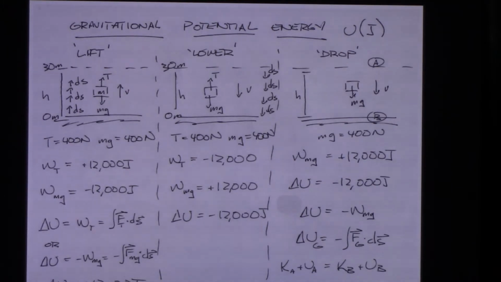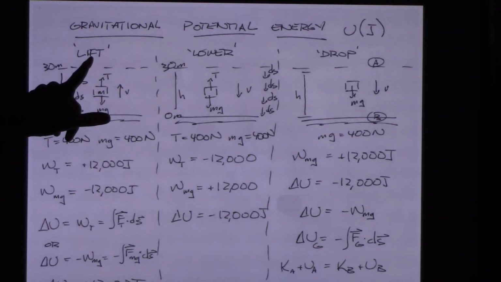So whenever the gravitational force is opposing the displacement, that's removing energy. Now I put the minus sign in, and that says that, whichever way we calculate this, it's 12,000 joules of potential energy that we've built up. So that was when we were lifting the object up.